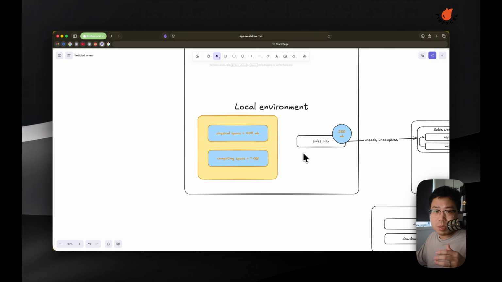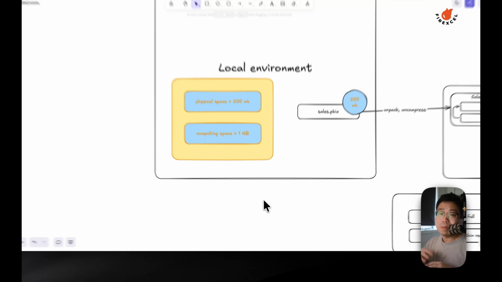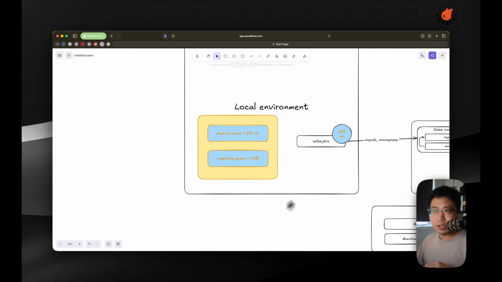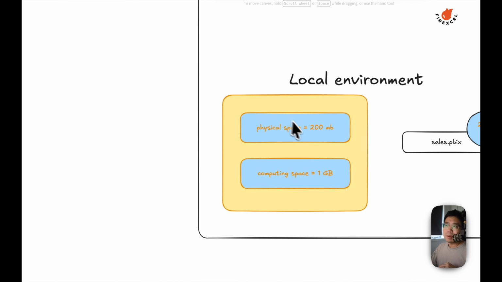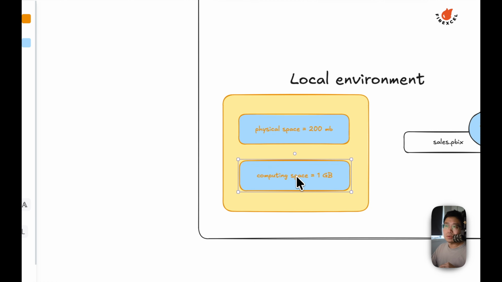So 200 megabytes can be loaded up into 1 gigabyte or 2 gigabytes. It's very possible. In my experience, if a PBIX file is 2 gigabytes on disk, when you open that, it's going to take up more than 10 gigabytes in your RAM. So think about that.